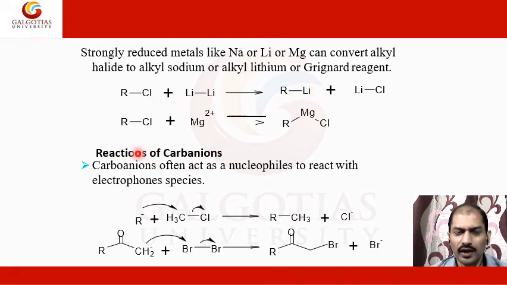There are many more examples of reactions in which carbanion formation takes place. Here the carbanion can react with the alkyl chloride and make the alkyl chain. So the hydrocarbon chain will be formed, which means this has an application for the formation of hydrocarbons. So you can synthesize the hydrocarbon as well.